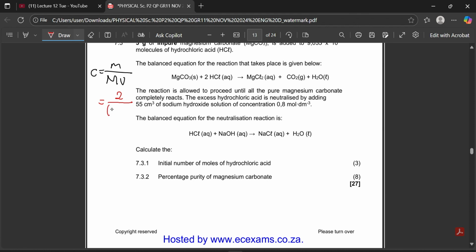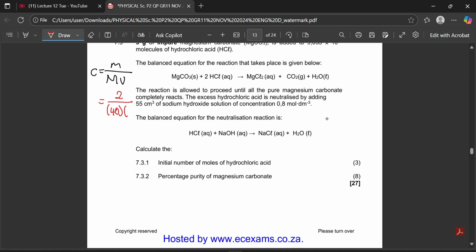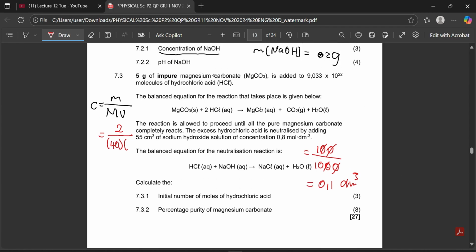And the volume we had was 100 cubic centimeters. So I know that I need to divide that by 1,000 in order to get cubic decimeters. That gives me 0.1 cubic decimeters.